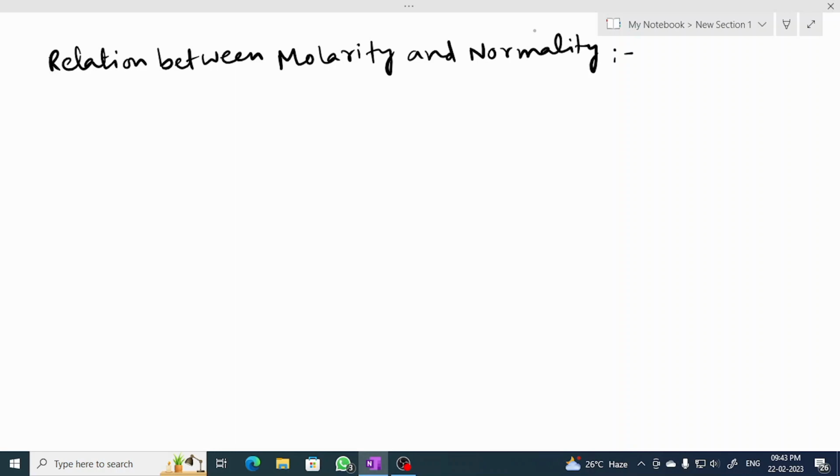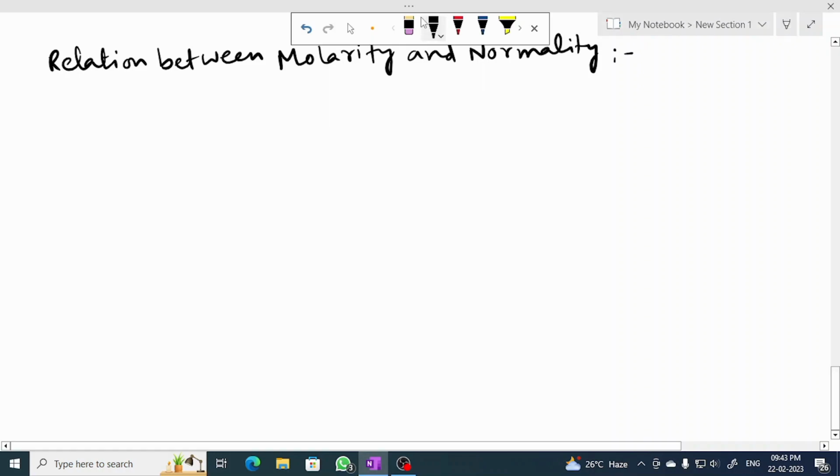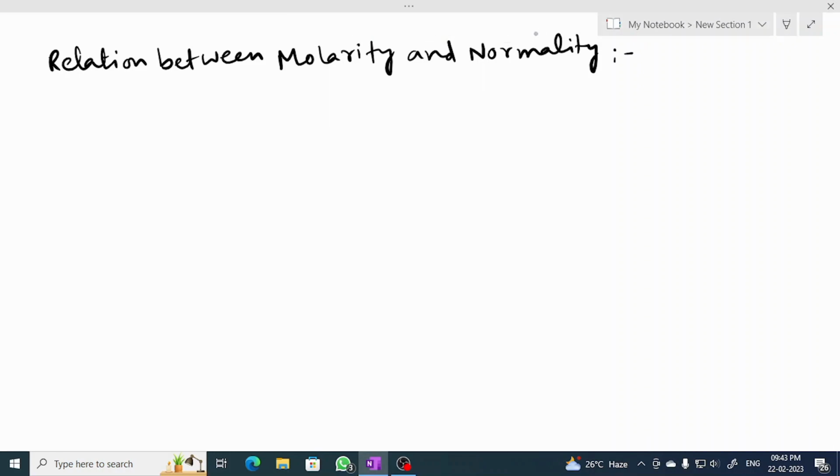You don't need to remember any formula. There is a trick which we will discuss to obtain the relation between molarity and normality. Suppose the system is a solution of H2SO4.